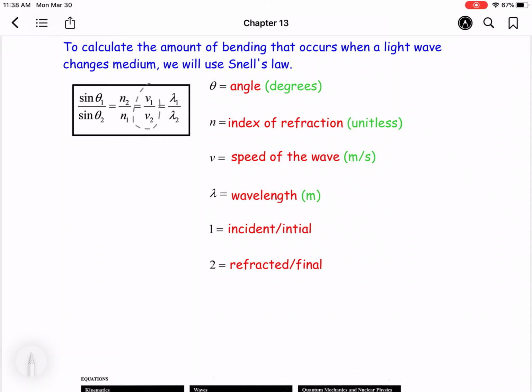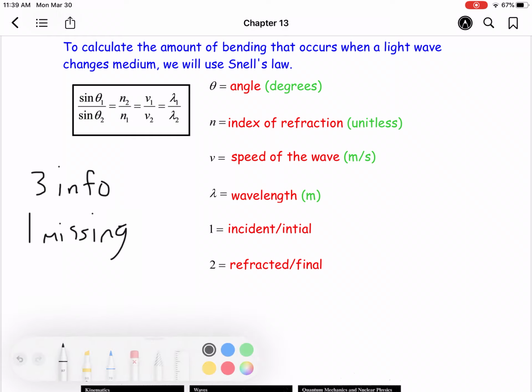If you're given the velocity and the angle, then you use just the velocity and the angles. If you're using the index and the wavelength, the same. You can kind of just pick and choose, but in order to use this equation, which is actually just like the sine law, you have to have 3 pieces of info and 1 missing. So you always have to be given or find 3 pieces of info, and you'll have 1 missing.